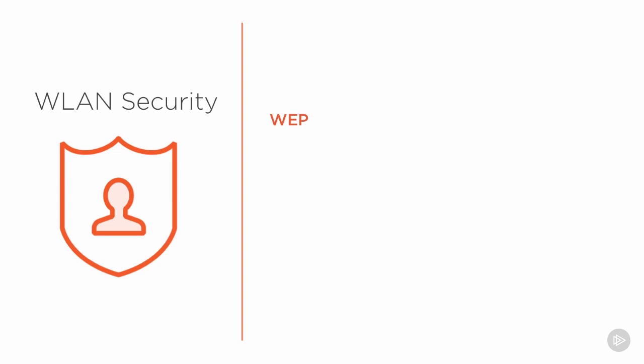Quite simply, it suffered from the problem that the initialization vector, or the random value used in the encryption, was just simply too short, which meant that, given a little bit of manipulation, you would actually be able to guess what the key was, and you could intercept and read the traffic. So when that was really proven to be breakable, we saw the release of Wi-Fi Protected Access, or WPA.